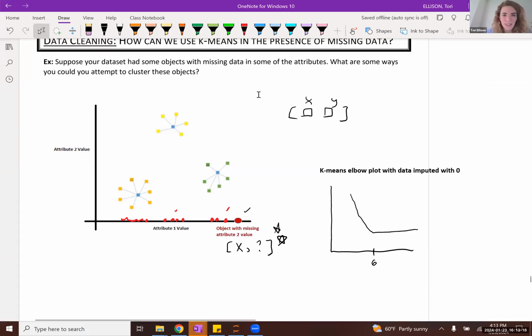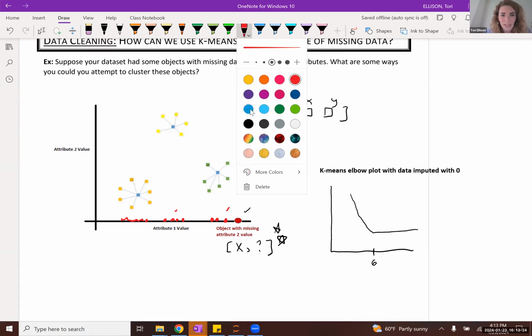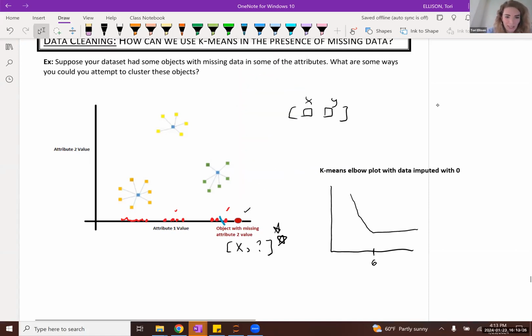So for instance, I could see that the x-axis value of this observation is closest to the x-axis value of this centroid. So I could end up, in an ad hoc fashion, assigning this missing value observation to this particular cluster here, based on the values that I actually do happen to know.